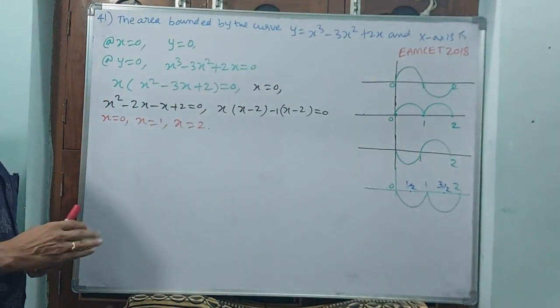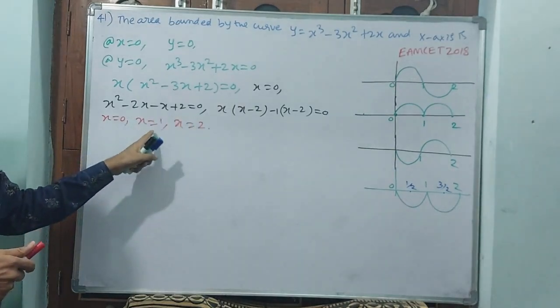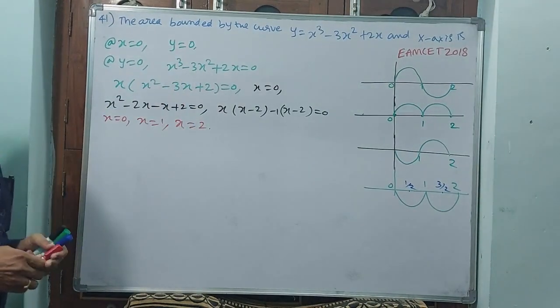Now, at x is equal to 0, y is 0, and at 2, y is 0.